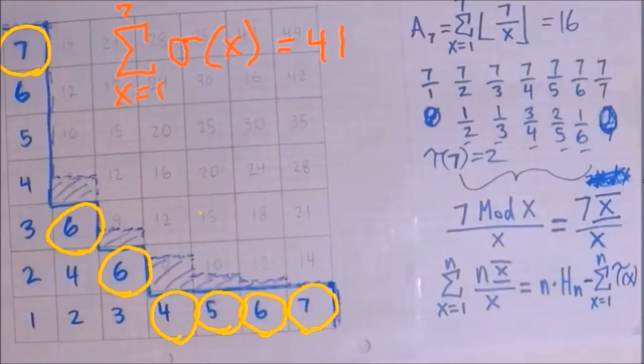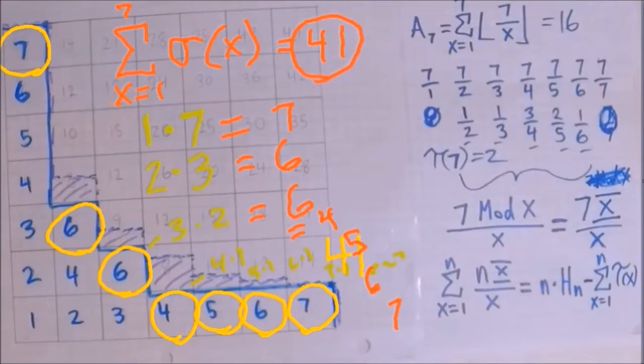So we have 7 columns, 7 numbers, and let's add those up. 7, 13, 19, 23, 28, 34, 41. Yes, the tops of the columns, the values, will always sum to our convolution. So of course these are going to sum to the running sum of sigma x.